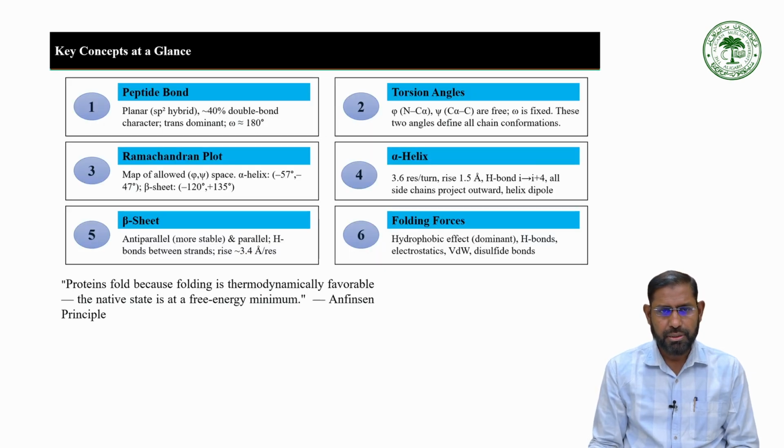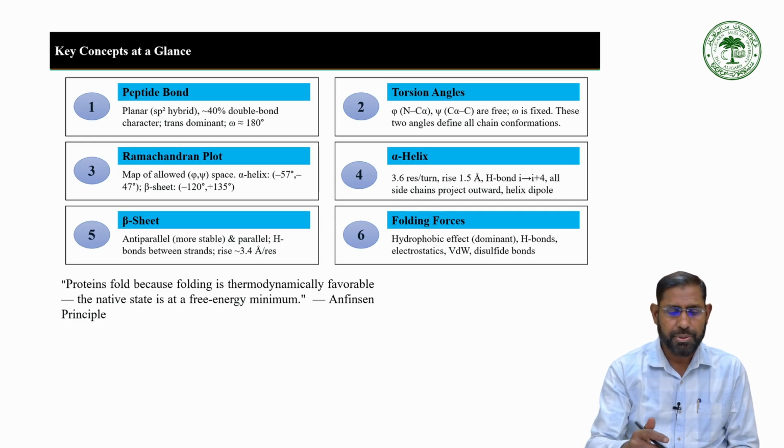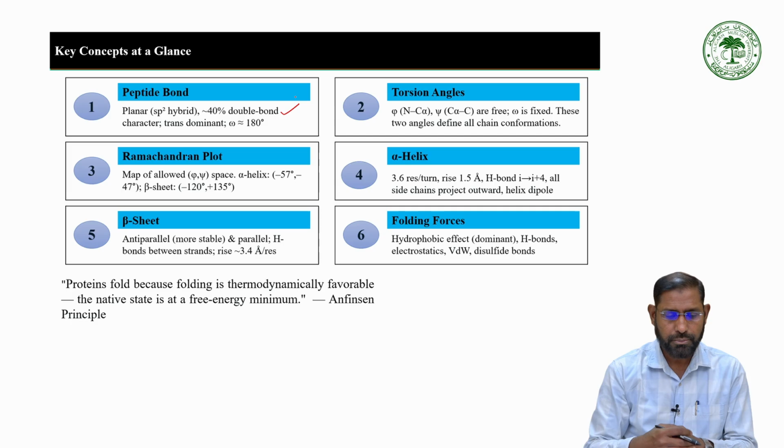The key concept regarding protein and conformation is the peptide bond. I already discussed the peptide bond. It is planar in nature, and it shows hybrid character, meaning resonance between single and double bond, with almost 40% double bond character.